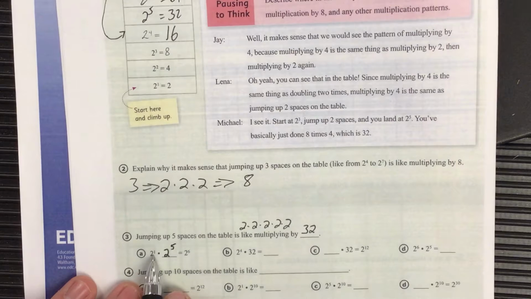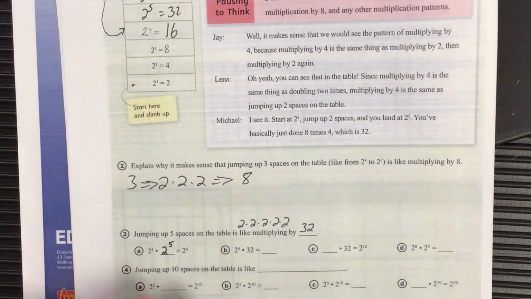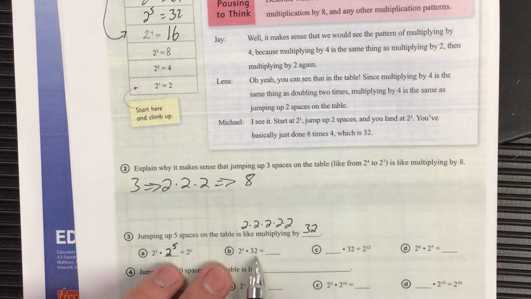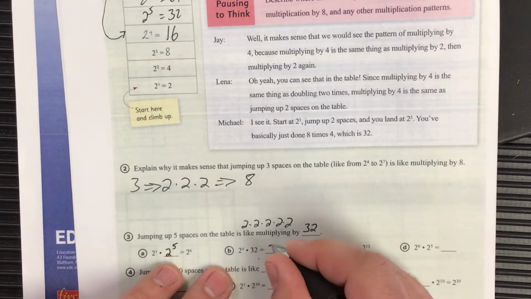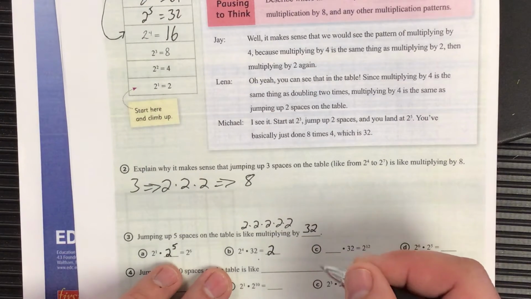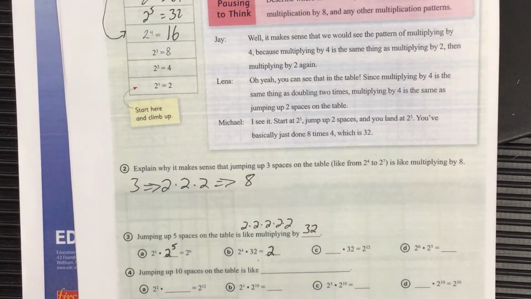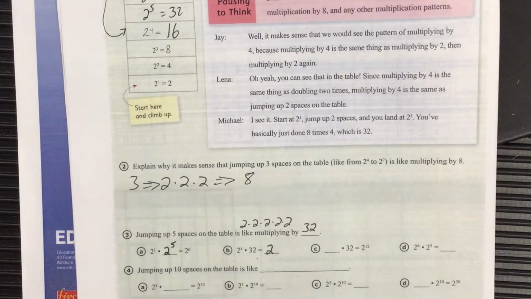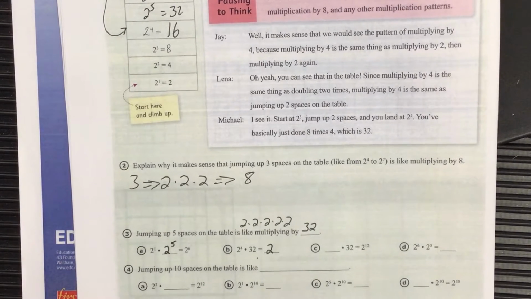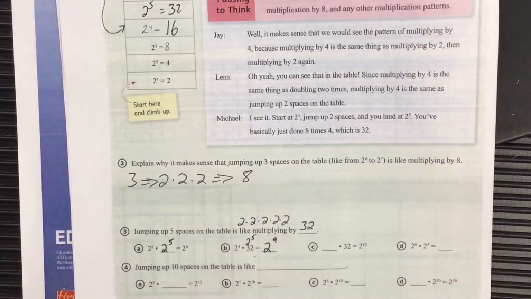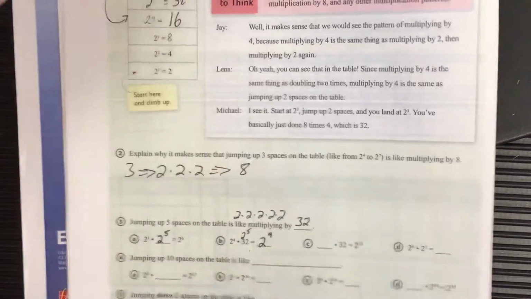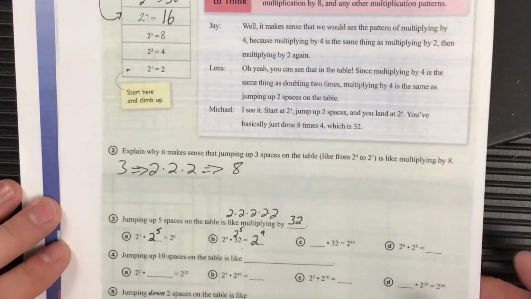Jumping up 5 places to go from first to 6th. 2 to the fourth times 32, which is 2 to the 5th power, would jump you to 2 to the 9th power. Yes. So 2 to the fourth and move up 5, we would be at 2 to the 9th.